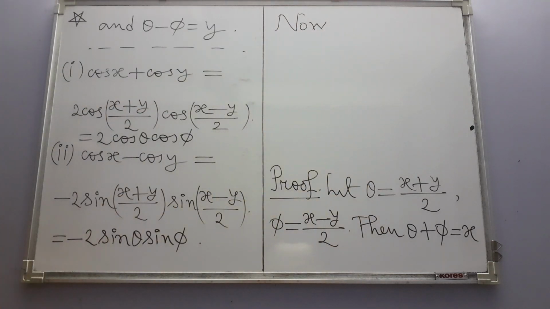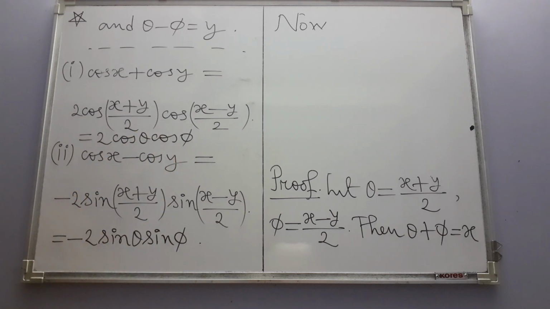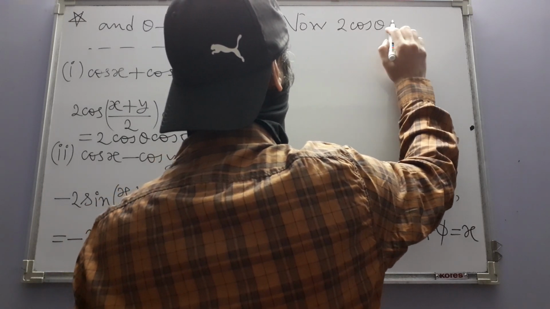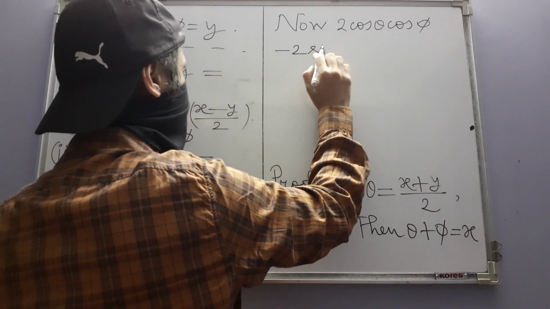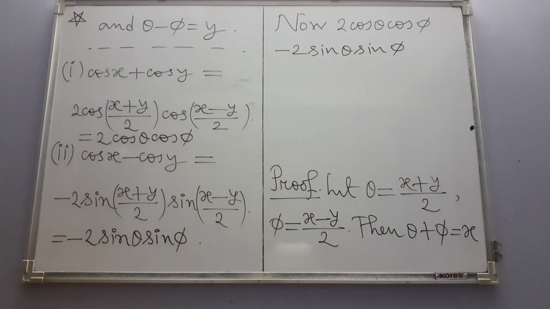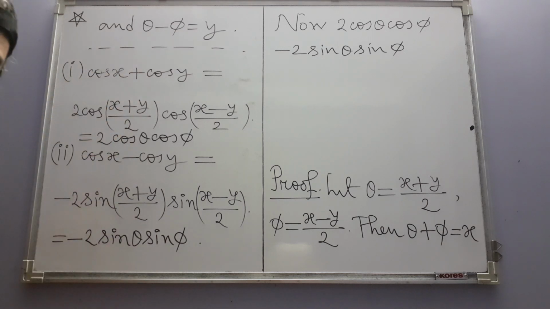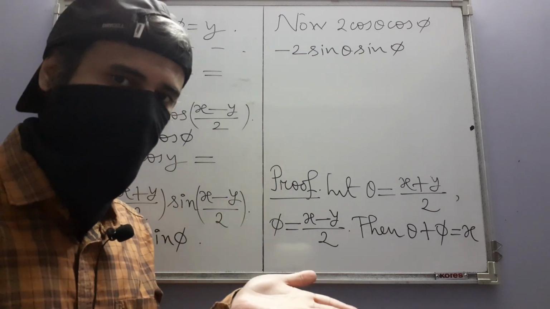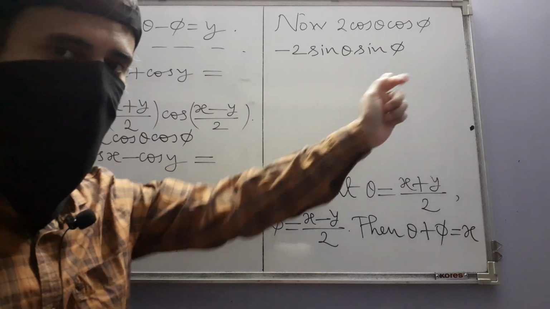Now what we do, we straight away take these two things and add them up. 2 cos theta, cos phi minus 2 sin theta, sin phi. We don't know that this is equal to this or this is equal to this. In fact, that's what we are going to prove. So we are not starting with an equation, we are starting with this expression.